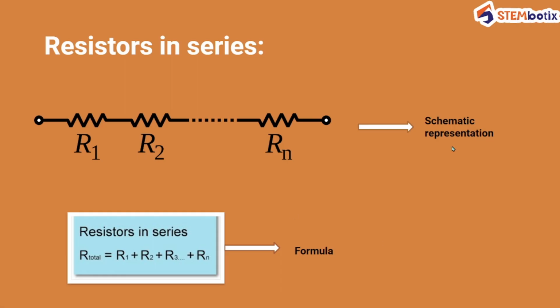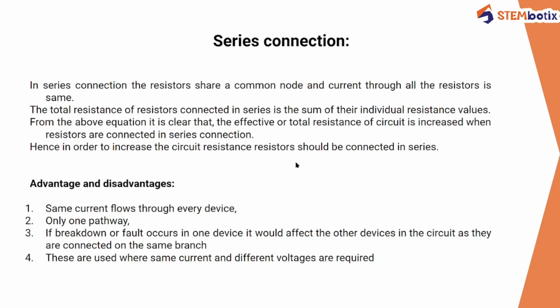Hence, in order to increase the circuit resistance, resistors should be connected in series. So whenever there is an application of increased resistance, you have to create a circuit of series connection, or connect n number of resistors in series.